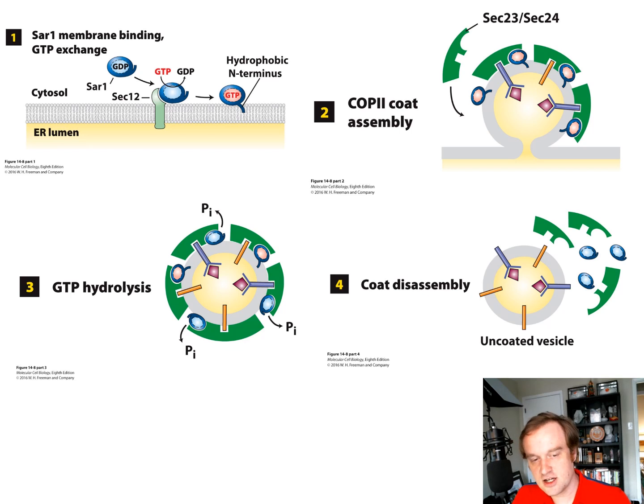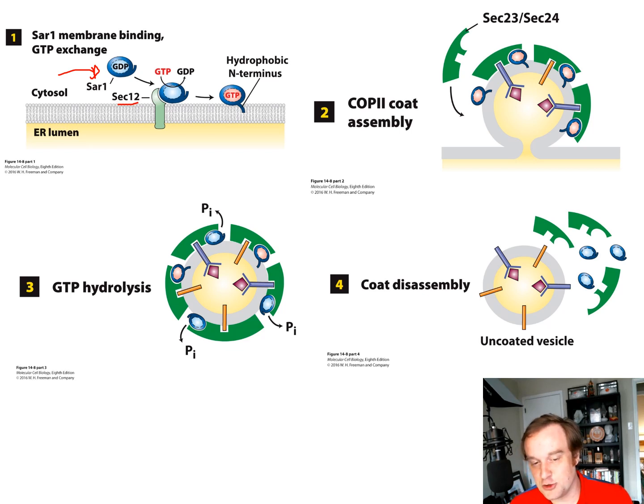Okay, so now let's talk about how these proteins assemble, that coat assemble on a vesicle, and the role of SAR1 in this assembly. In our first step here, SAR1-GDP, which is right up here, interacts with this recruitment protein on the ER membrane called Sec12.